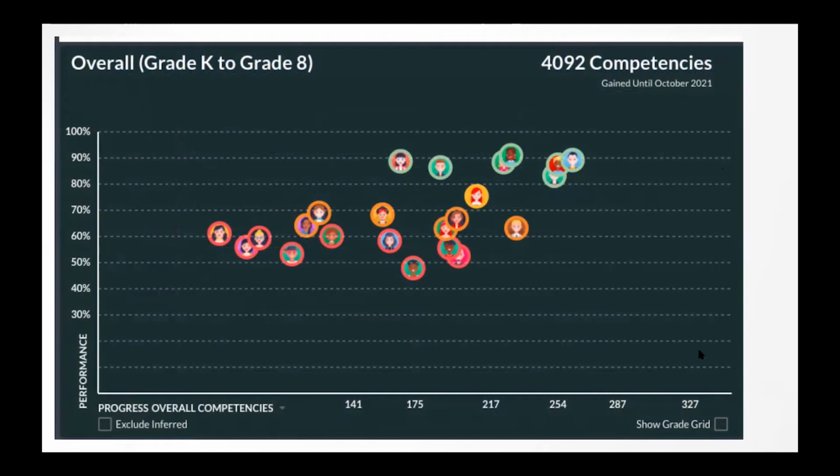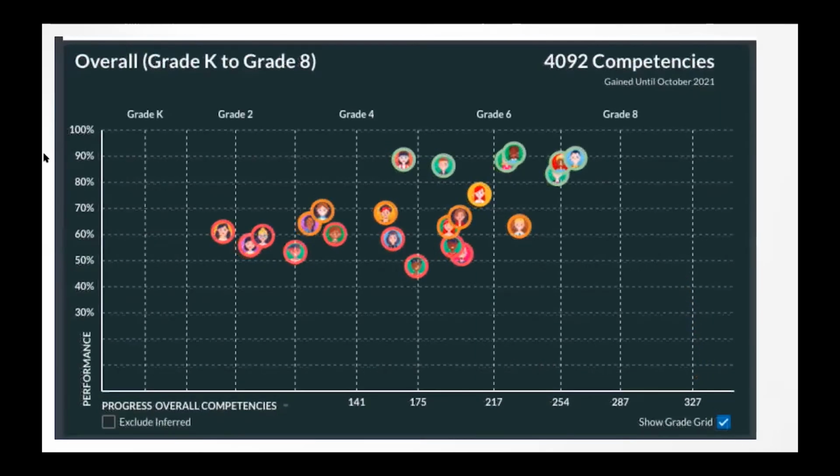And if we choose, we can click onto this show grade grid, which will then show us the students' position relative to each other and also the closest grade level that they are to. So we can see who's scoring really well and also who is getting really far along in their learning journey. They're almost at their destination. And we can also see who's a little bit farther behind in their learning journey.